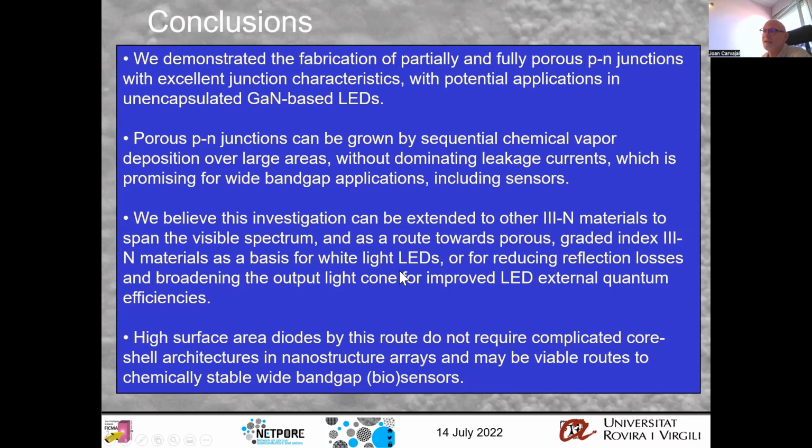And we believe that this investigation can be extended to other members of the 3-nitride family for different applications. And finally, that this high surface area diode made by this route does not require complicated core shell structures in nanostructural arrays, and may be viable routes to chemical stable wide bandgap biosensors.